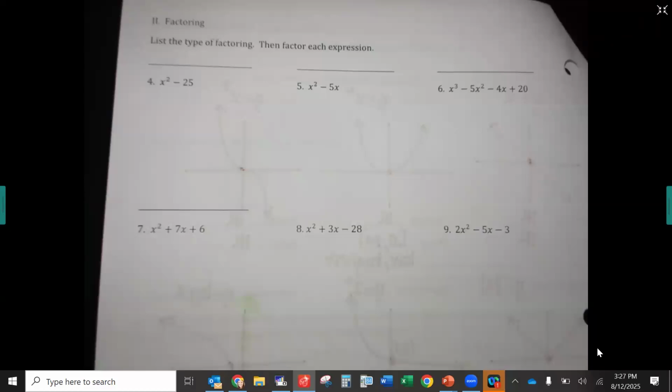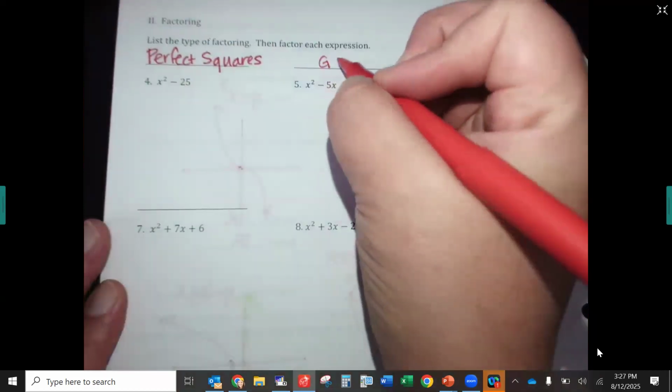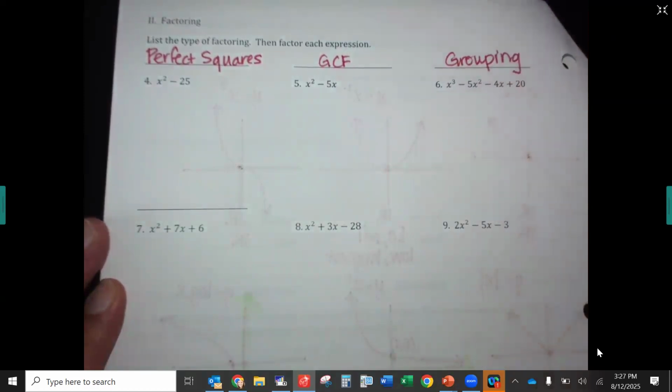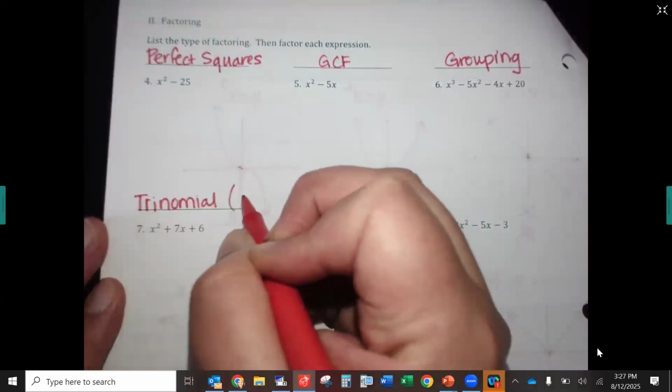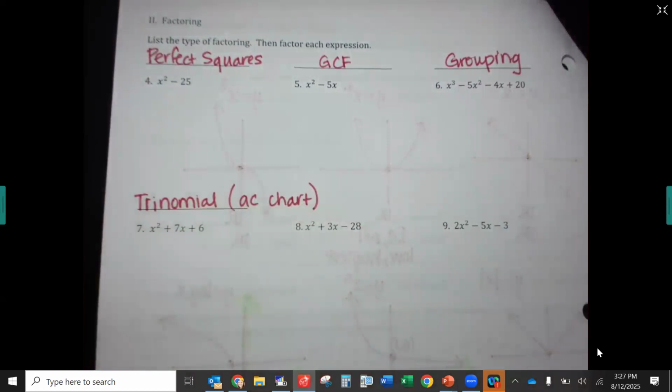Remember the name of that one? I put the names up there if that can maybe help you remember how to do any of them.